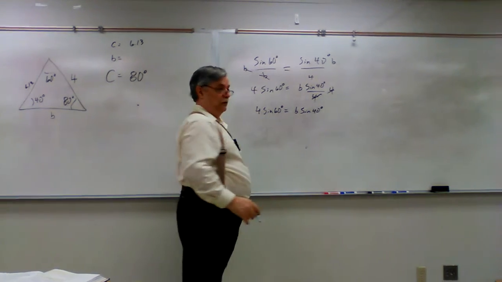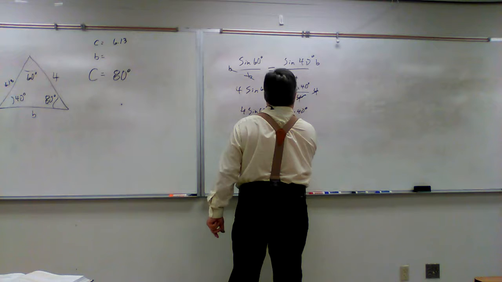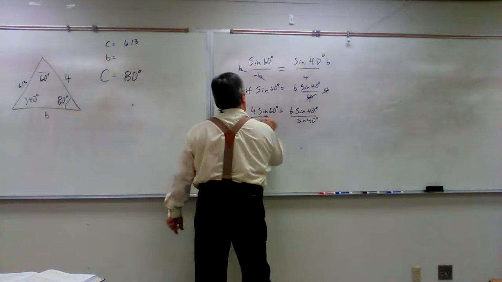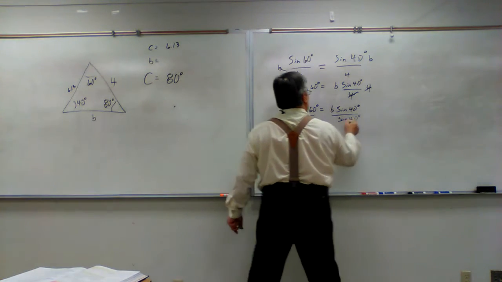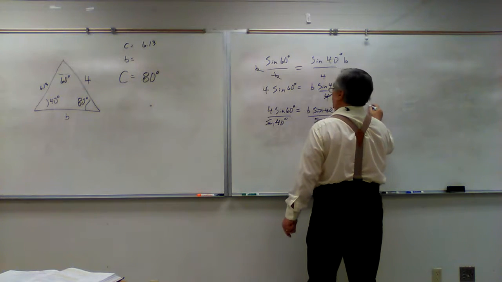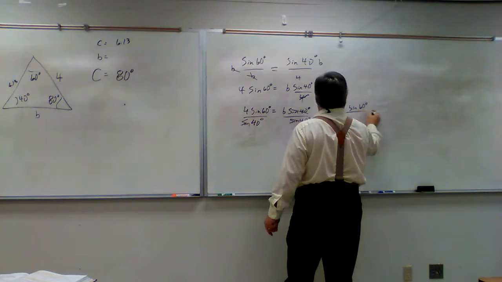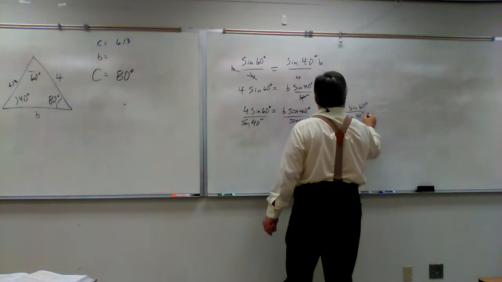And being careful to remember that it's B that we're trying to solve for, divide both sides by sine 40. They cancel, and we have B is equal to 4 sine 60 degrees over sine 40 degrees.